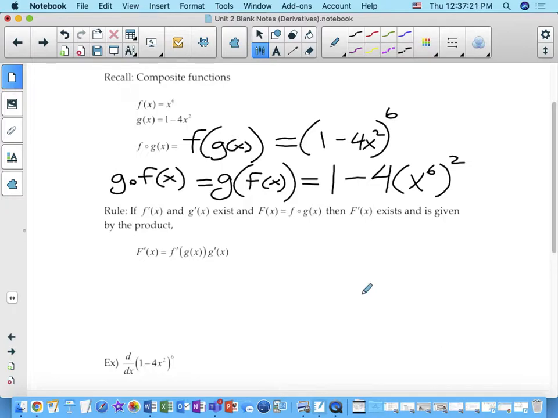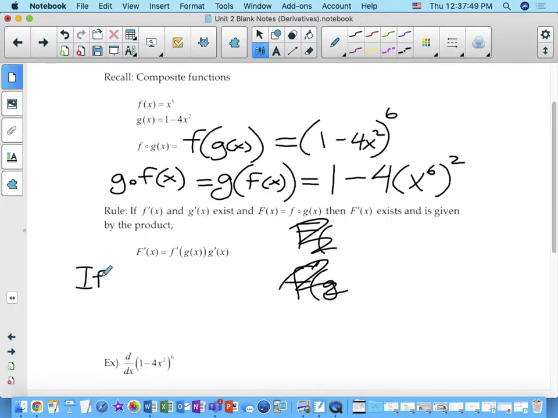F prime of x is equal to f prime of g of x times g prime of x. I would actually write it like this. Let's do it this way.